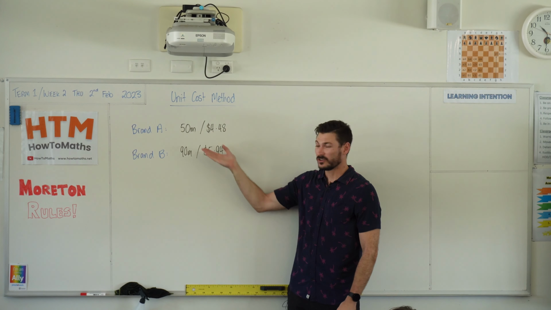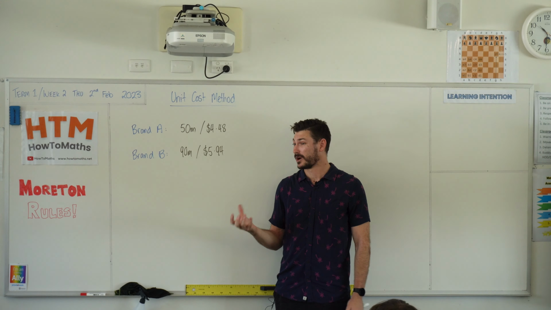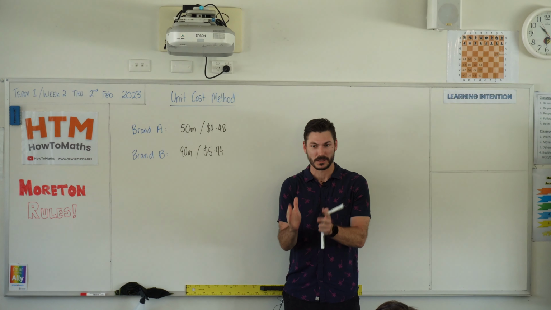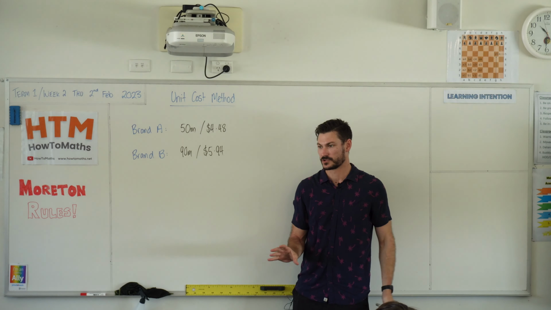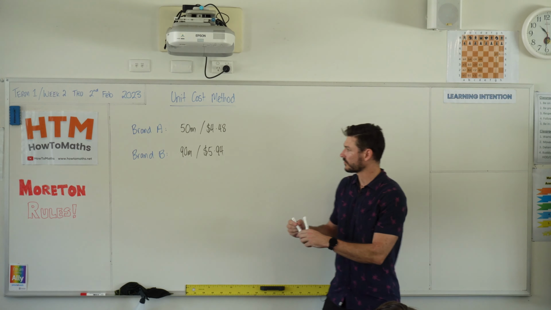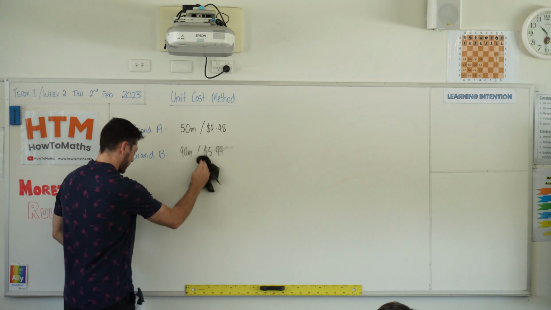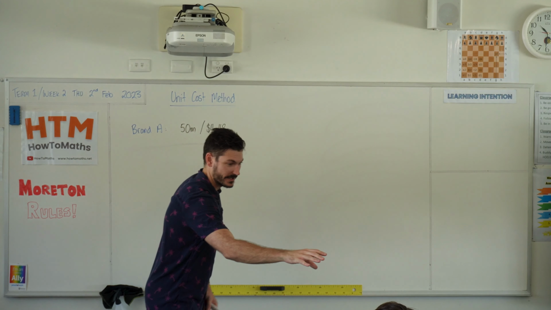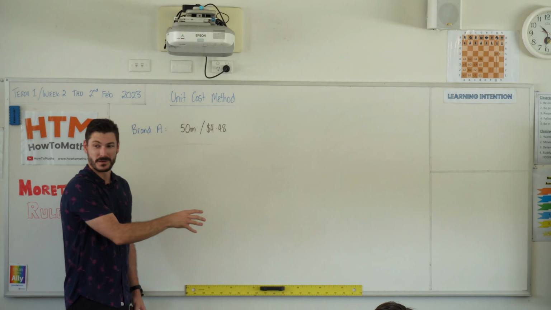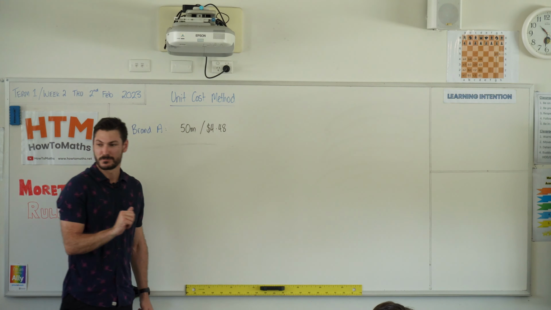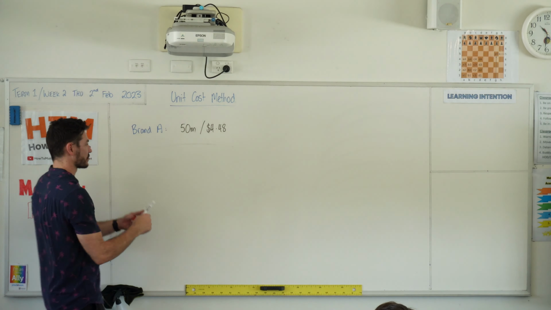Because right now you could have an estimate in your mind which one you think is cheaper, but until you've literally got them as the same length for different dollar values, you don't know for sure, right? The question, by the way, is which brand is the best buy? And then it says, justify your response using mathematical reasoning. I'll get to that shortly.